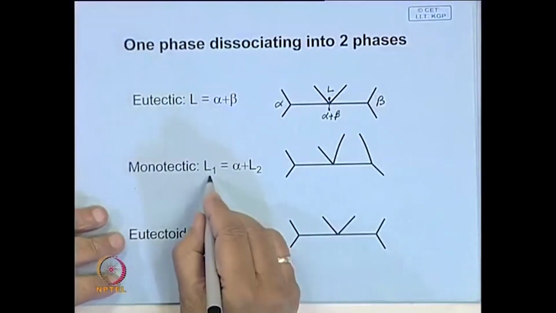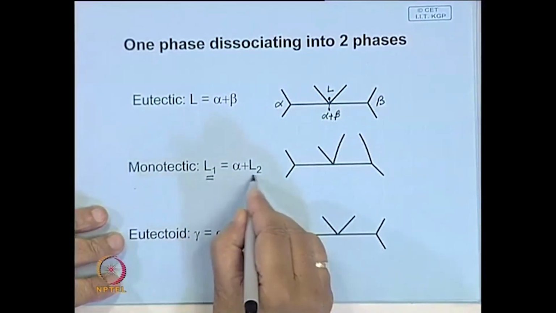So, there is a possibility that if you are trying to mix two phases in the liquid state, they may not be soluble in each other, or they may be partly soluble in each other. Let us generalize that we have a liquid and it dissociates into two different liquids having different composition. One we represent as L1 and another we represent as L2.